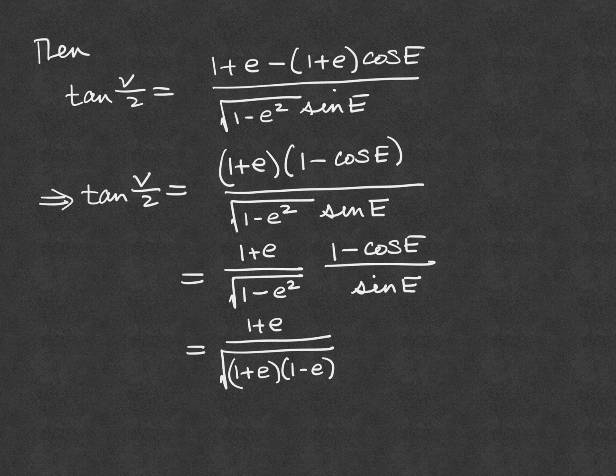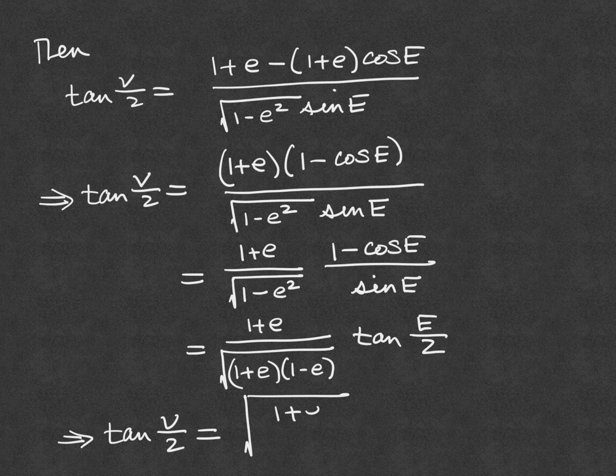And like I said, 1 minus cosine E over the sine of E is just equal to the tangent of the half angle of the eccentric anomaly. So when I'm done with this algebra, we get that the tangent of nu over 2, well, 1 plus e over the square root of 1 plus e is just equal to the square root of 1 plus e. So you wind up with the square root of 1 plus e over 1 minus e times the tangent of E over 2. You see, it's a nice, simple result.